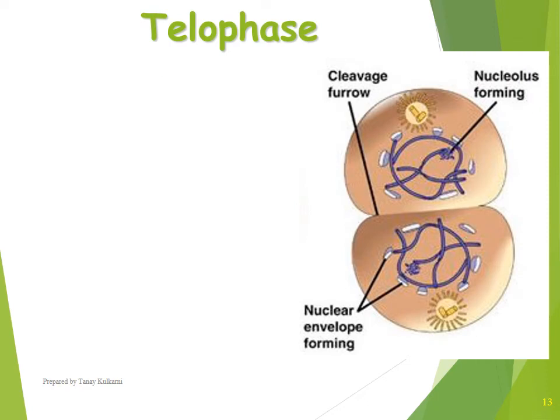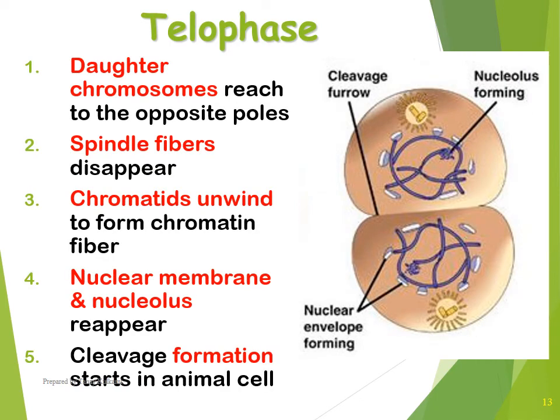Telo stands for end and phase stands for state. What will happen in this stage? The daughter chromosomes will finally reach the opposite pole. As compared to the earlier slide, if you see here, now the chromosome is almost converted into chromatids.